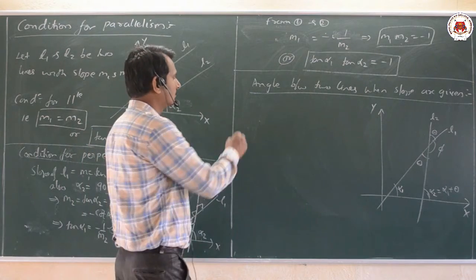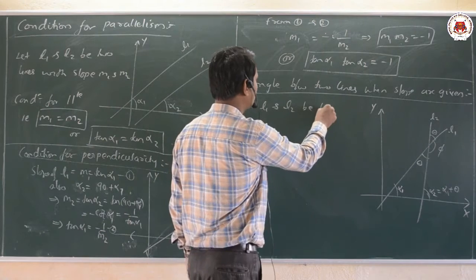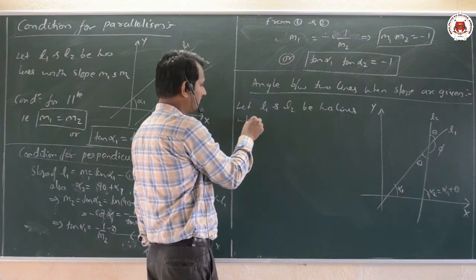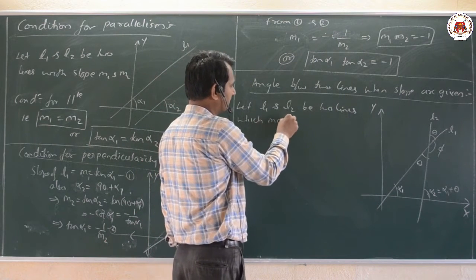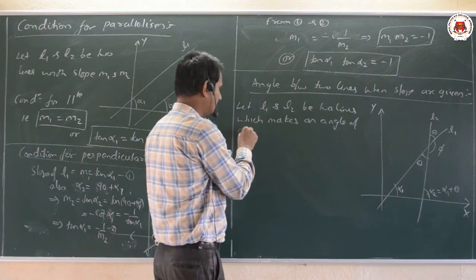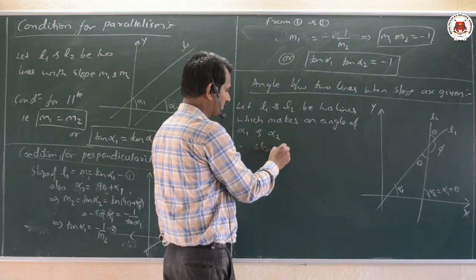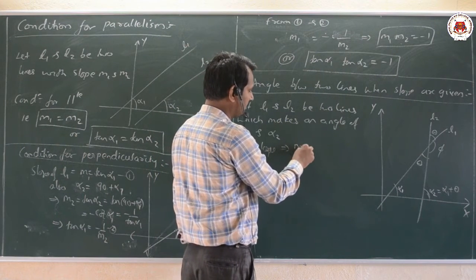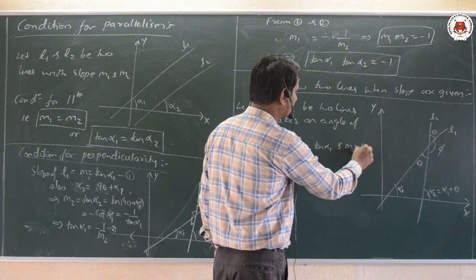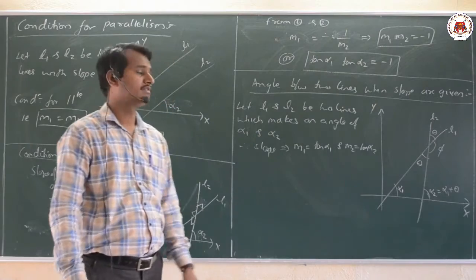Now, let L1 and L2 be two lines which make angles of alpha 1 and alpha 2. Therefore, the slopes are m1 equal to tan of alpha 1 and m2 equal to tan of alpha 2.